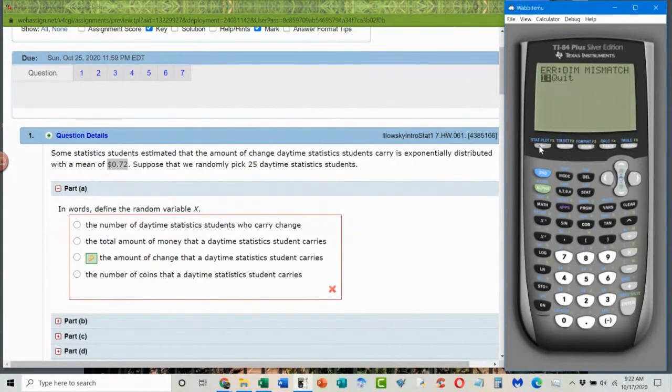Oh, I bet I know what it is. I probably have a stop plot on. I do. That's why it's not working.